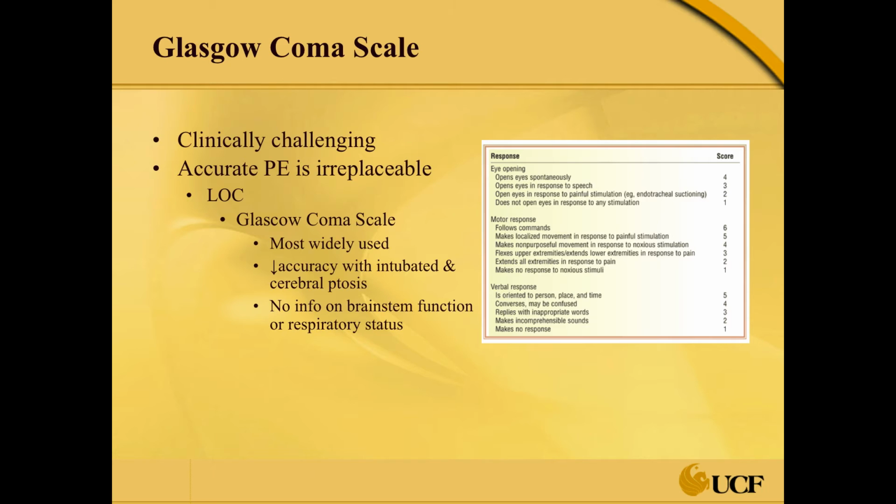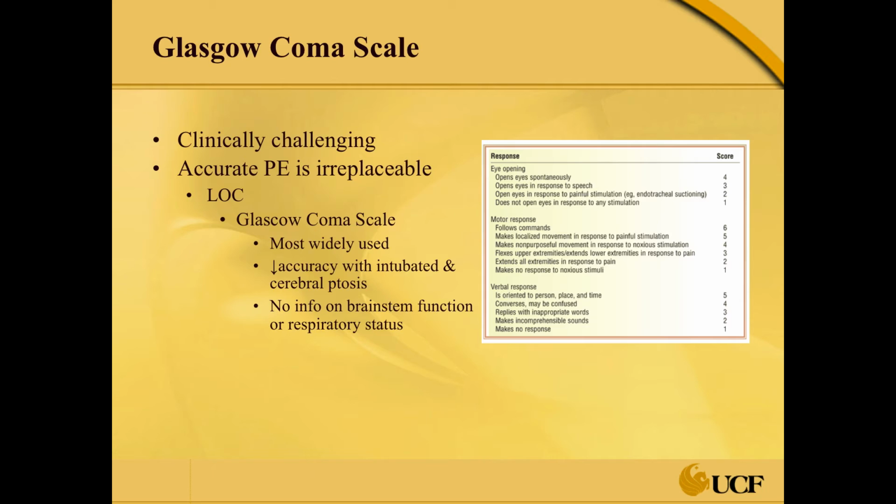Most of you probably use it in the clinical environment. It's a very valuable tool. It's clinically challenging to use it in these patients, though, I will tell you, because these patients oftentimes get such wide variability in their neurologic presentation that the GCS is not always great. But it is the most widely used.